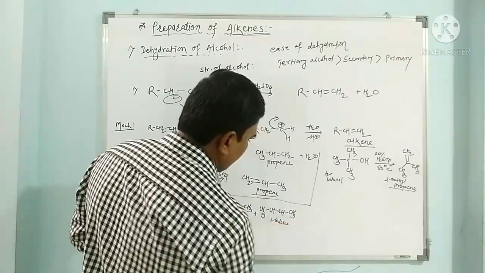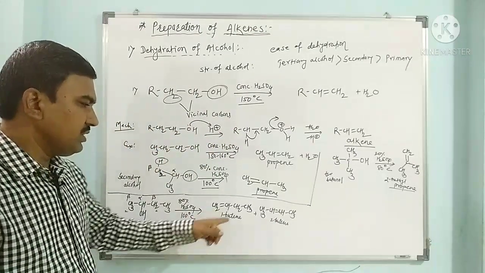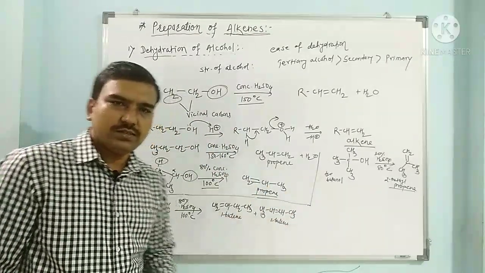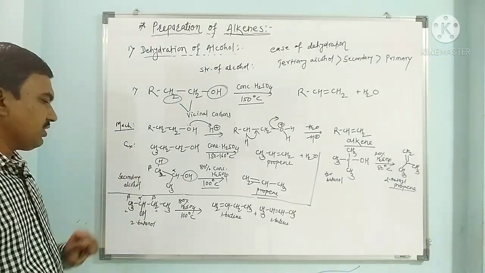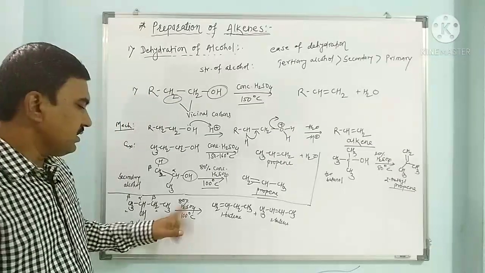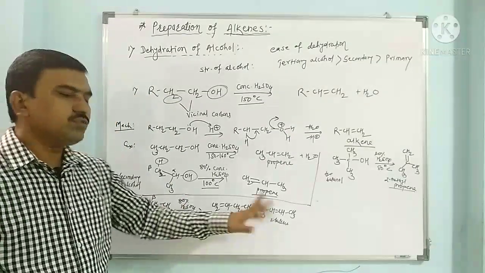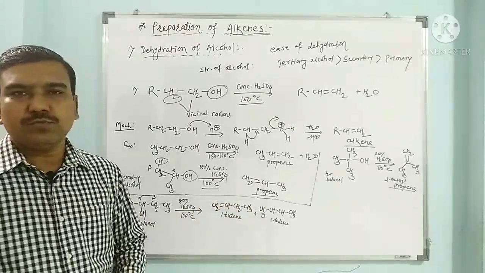This is 2-butene. So in this way we get 1-butene and 2-butene as products when 2-butanol undergoes dehydration in the presence of 80% sulfuric acid at 100 degrees Celsius.